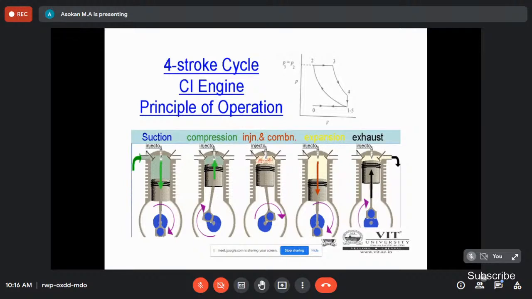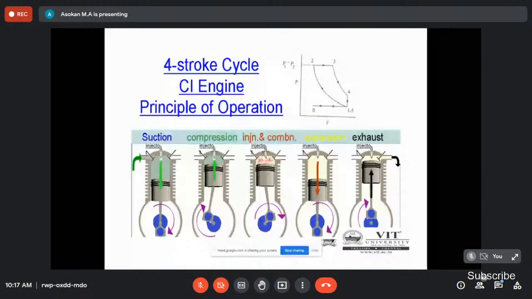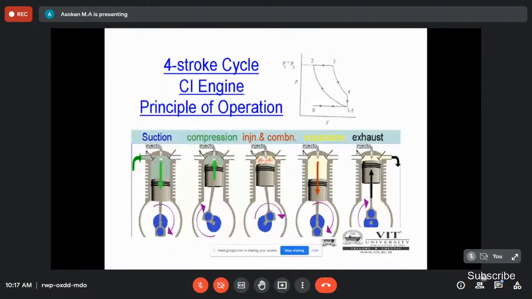There is a definite flame front. But in a CI engine, there is no definite flame because of the various sites where the air-fuel mixture attains the ignition temperature. So there the combustion starts. That's why there is a sudden pressure increase in the cylinder, so we go for a bulky engine for a CI engine. That is the difference between an SI engine and a CI engine.